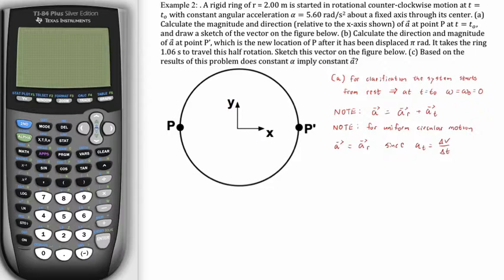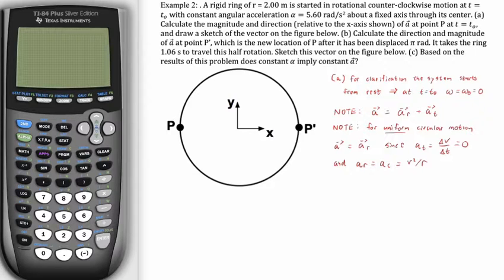So if the speed isn't changing over time, then it's 0, if the speed is constant, because it's uniform circular motion. And the magnitude a_r is the same as what we call the centripetal acceleration, and it's just v squared over r. So that's what we've seen before as far as translational acceleration is concerned for rotational systems.